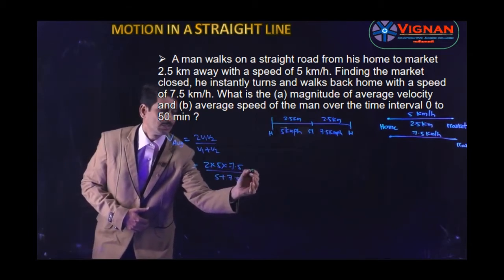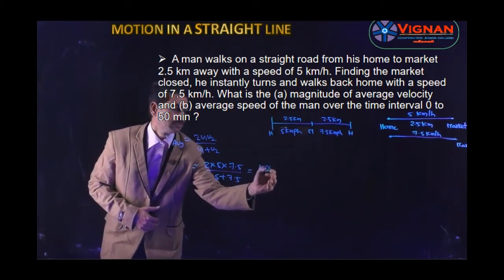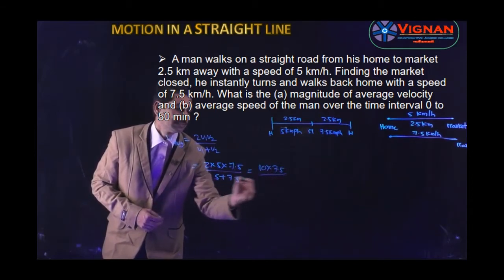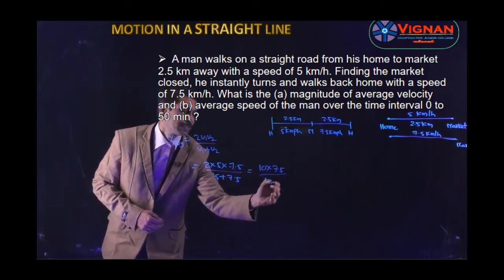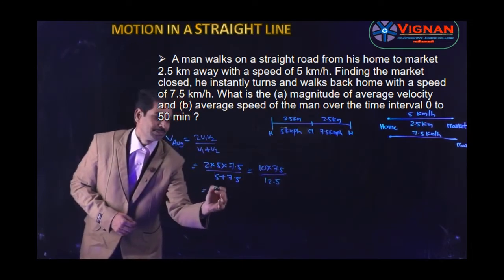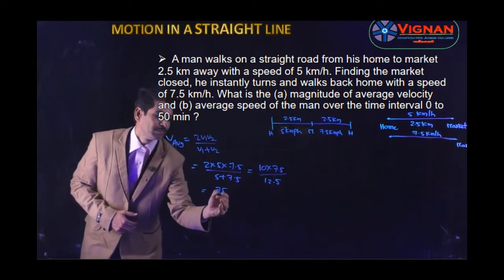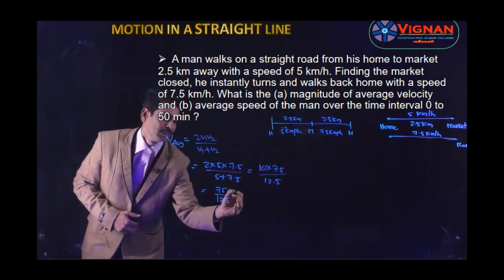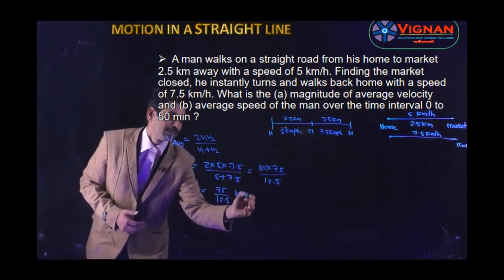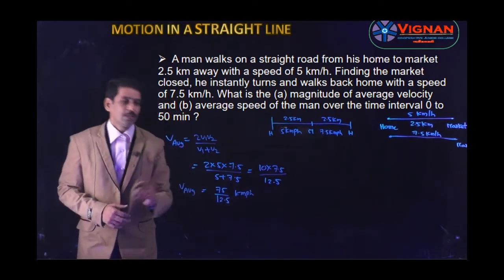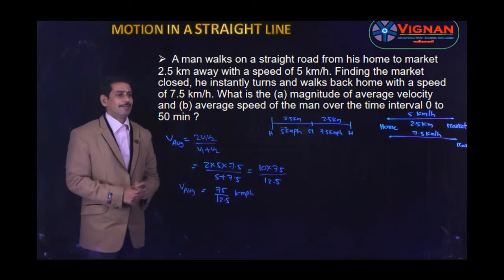This is equal to 2 into 5 into 7.5, which is 75, divided by 12.5, so much kilometer per hour. On calculating you get the average speed, so do the calculation by yourself.